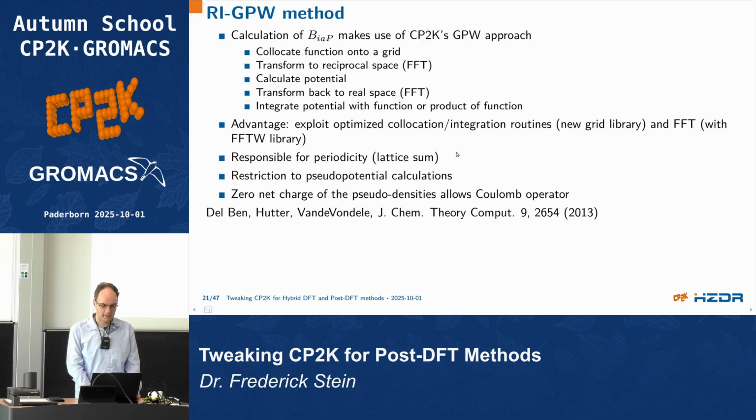That way we can also take care of lattice sums, but we are, of course, now restricted to pseudopotential calculations. But as these calculations are expensive anyways, we want to reduce the computational cost as much as possible, which is why it's a suitable approximation here. And in contrast to Hartree-Fock, we can actually use the Coulomb operator, meaning that we have fewer errors in that regard than with Hartree-Fock.